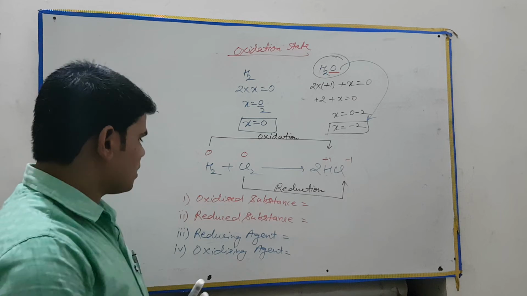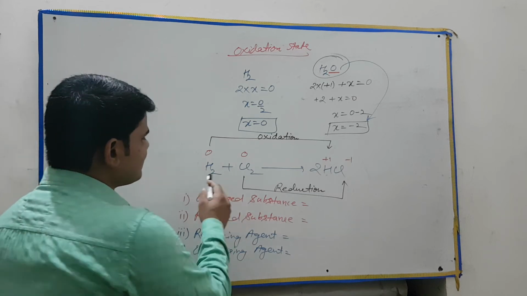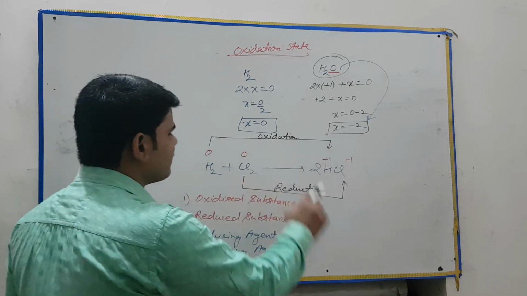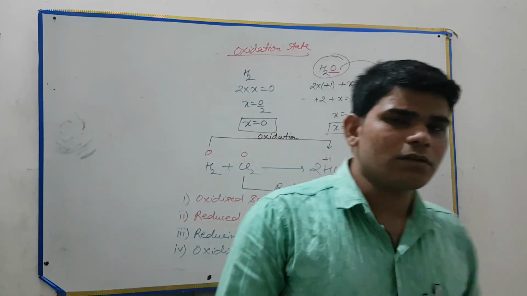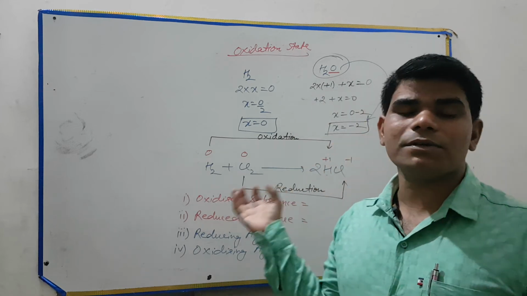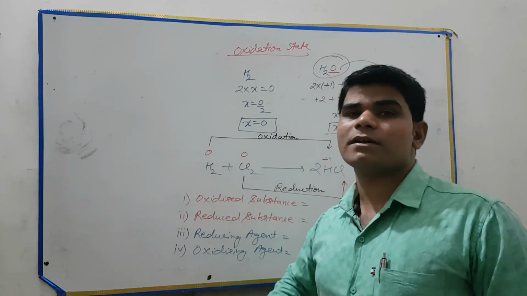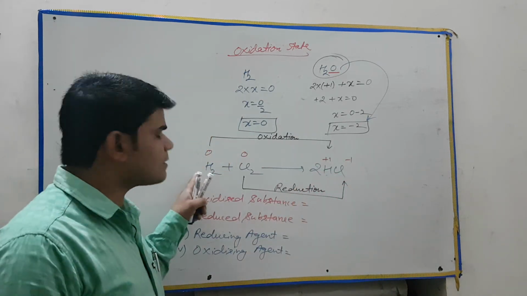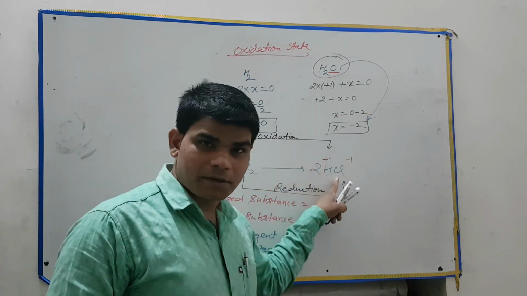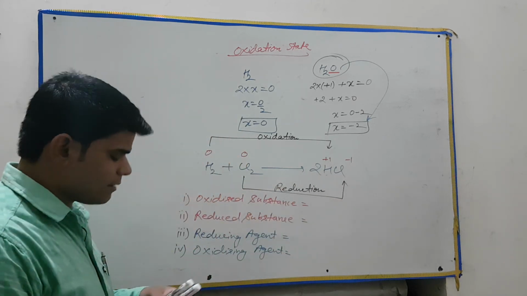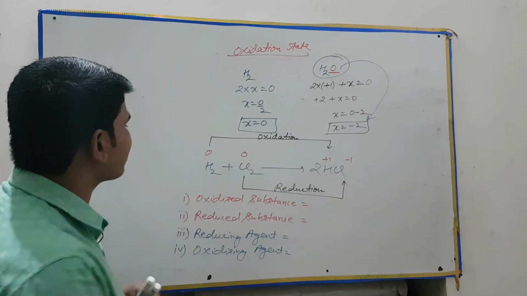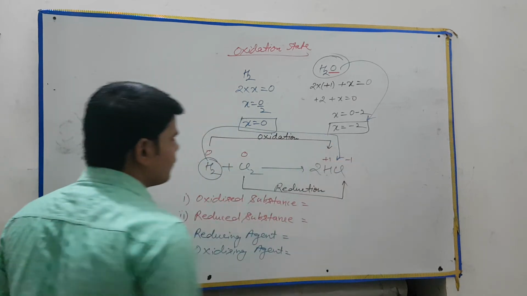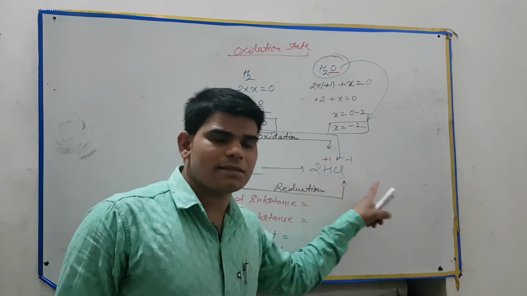This is the oxidation part and this is the reduction part. Clear? Remember, for the oxidized or reduced substance we consider only the reactant part, and see the variation from H2 to HCl.